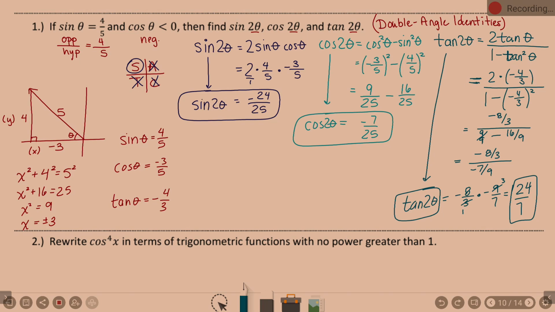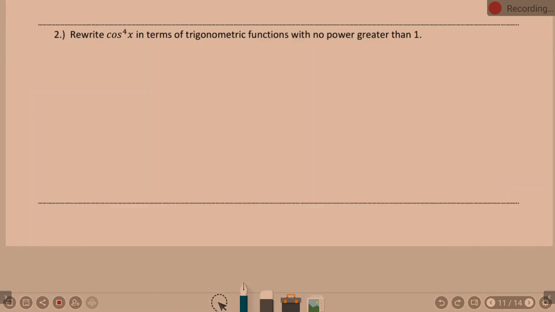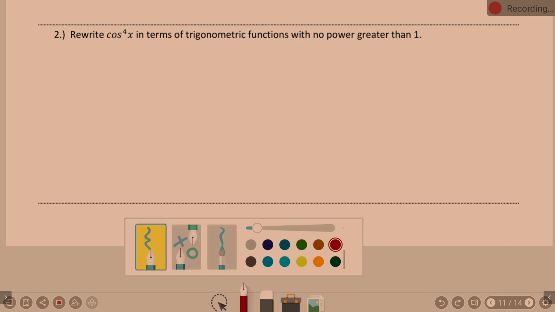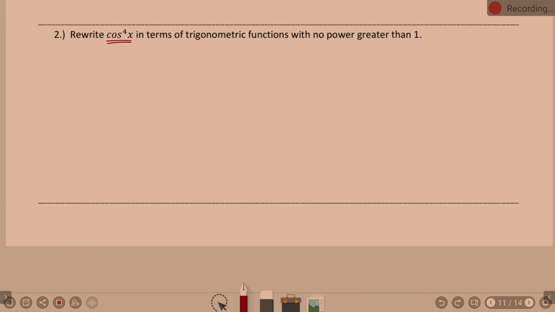It asks us to rewrite cosine to the 4th x in terms of trig functions with no power greater than 1. So we're going to take cosine to the 4th and rewrite it with no power greater than 1.